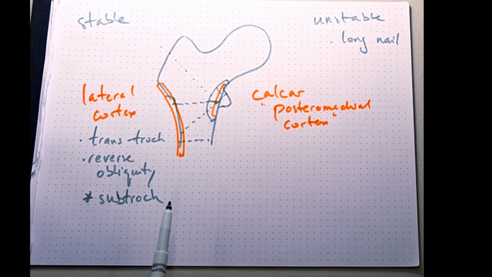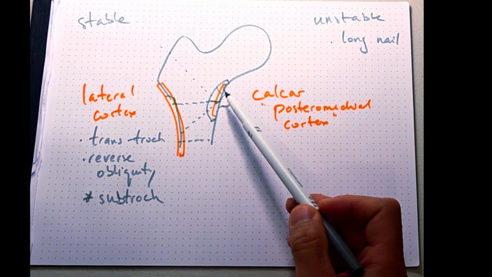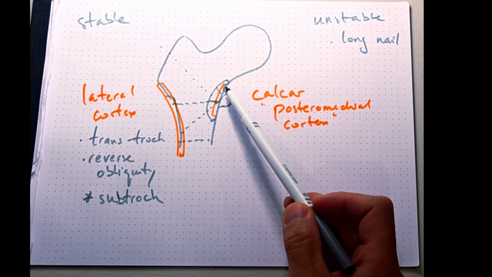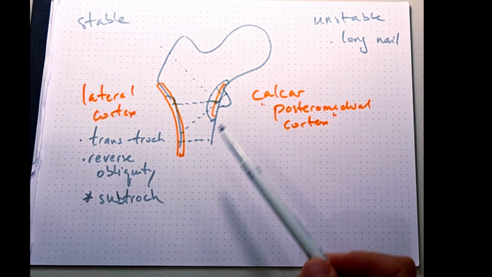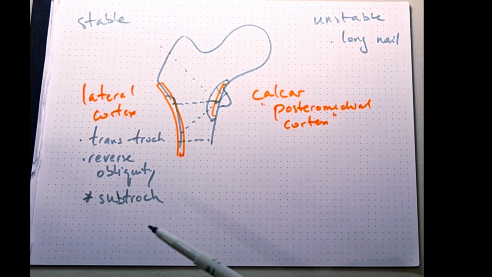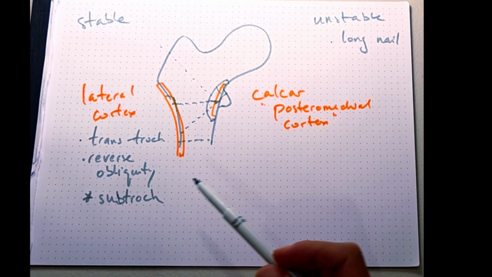The reason you need to notice this is that if you can tell the surgeon this is a subtroch fracture, a reverse obliquity fracture, or a very comminuted unstable intertroch fracture, they can mentally prepare for maybe using a long nail or even having other options available.